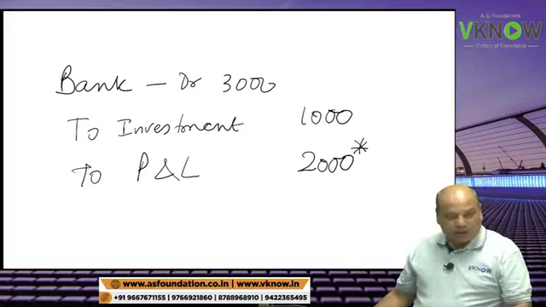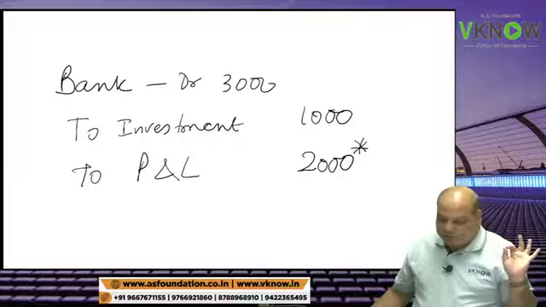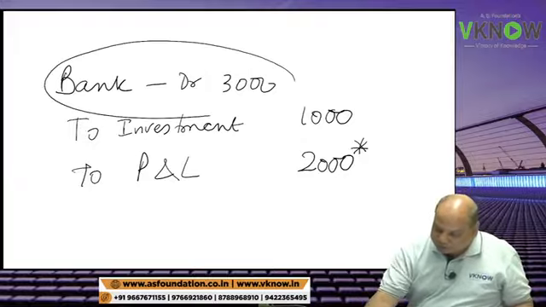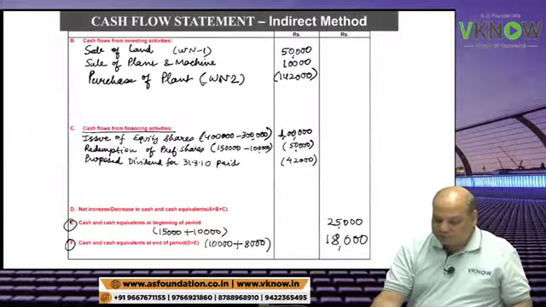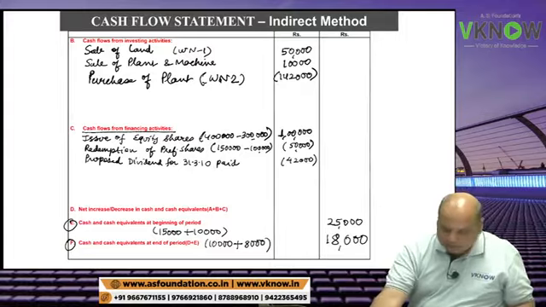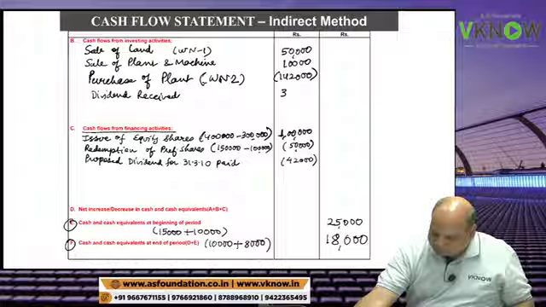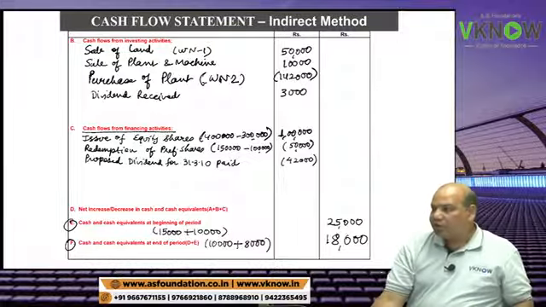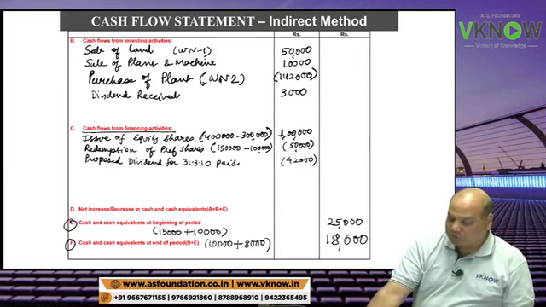This is the entry the company has passed. We are only doing analysis. So bank account debit 3,000, come to investing activities. Under investing activity write down dividend received 3,000. The debit entry was bank account debit, so there is an inflow of 3,000.